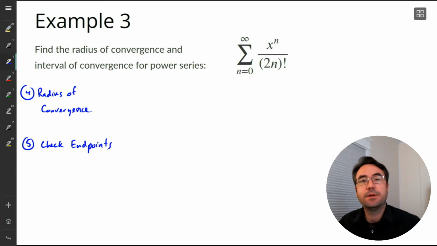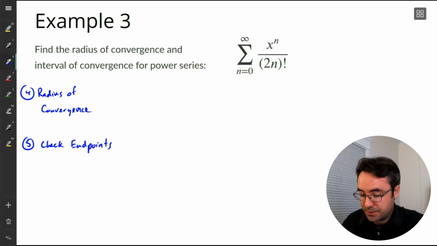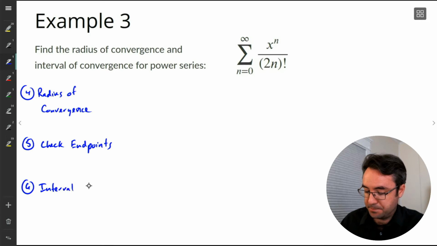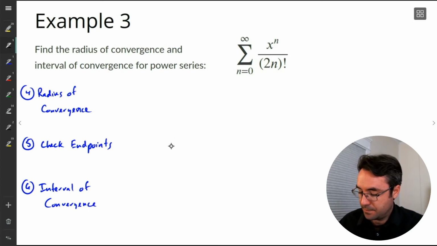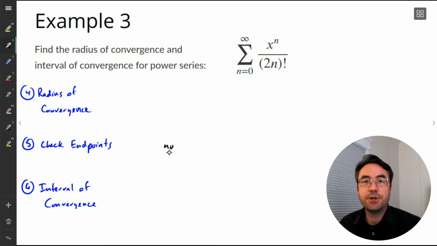Once we independently verified the endpoints, we would write down our interval of convergence, the final answer. But there's none. So there are no endpoints to check. We've already dealt with every single x value, so there's nothing left to do.